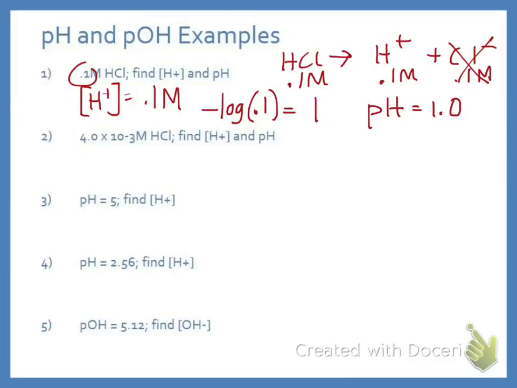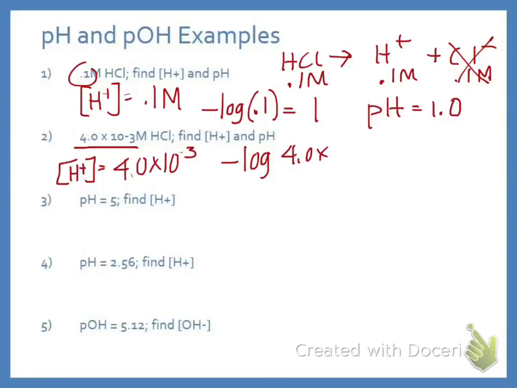If I was to do this next one, this is going to be my concentration because it's given to me. Okay, so it's going to be 4.0 times 10 to the negative 3. In order to get that, I would take the negative log of 4.0 times 10 to the negative 3. And when I get that value, remember to do negative log, not minus. Negative log 4.0 times 10 to the negative 3.